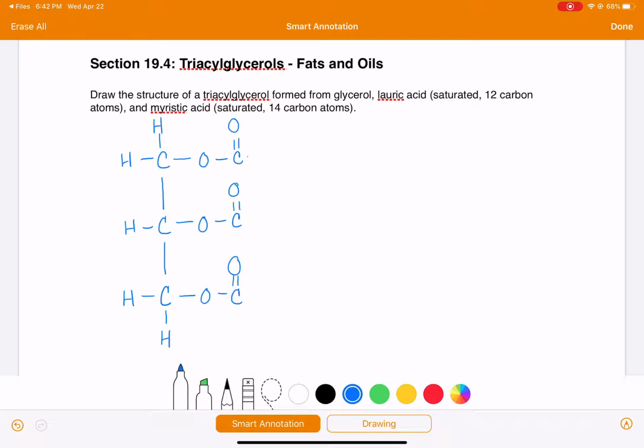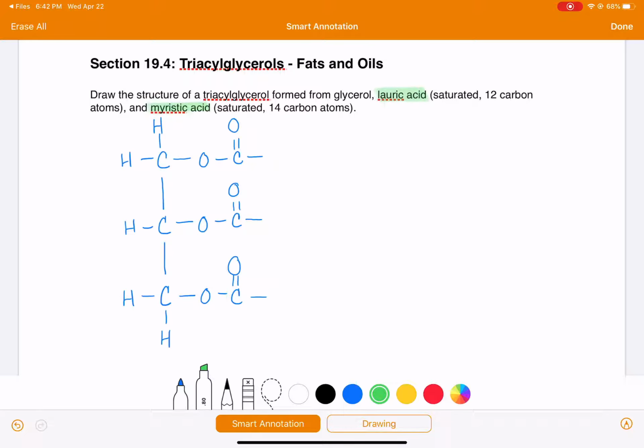So from here on out, now we are going to have our fatty acid chains that are on this triacylglycerol. So now is where we need to stop drawing and pay attention to the problem and see what it's asking us to do. It says we're making this triacylglycerol from lauric acid and myristic acid.